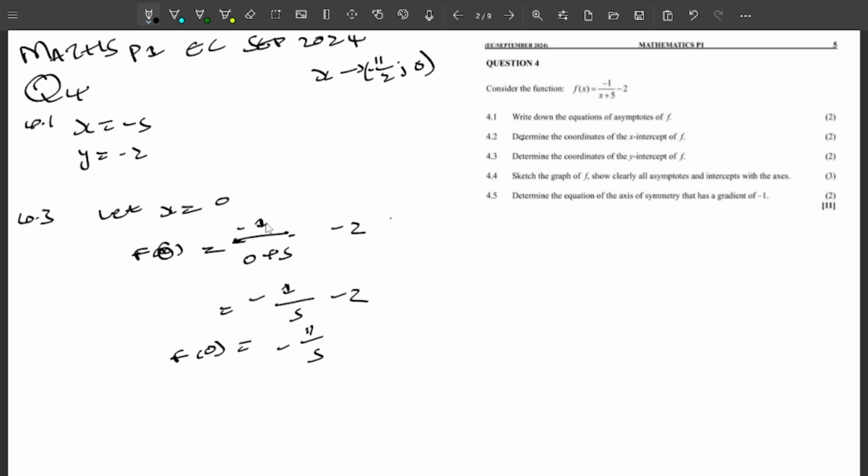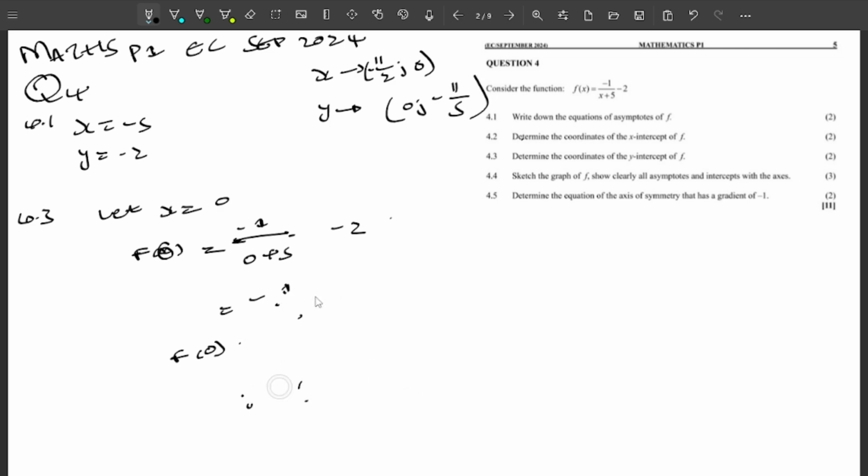That should be our final answer. Since they said the coordinates, don't leave it as a value, so it's going to be 0 and minus 11 over 5.